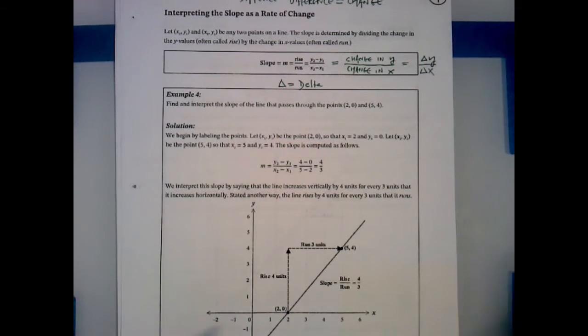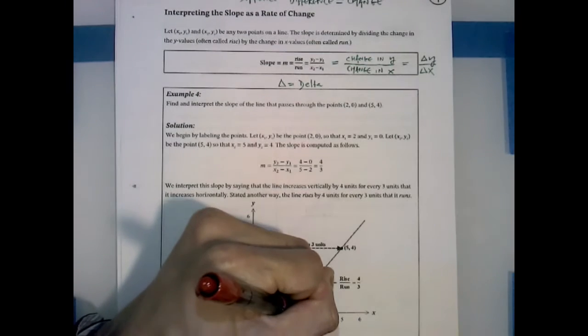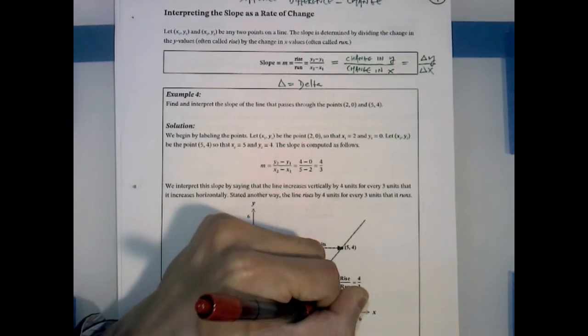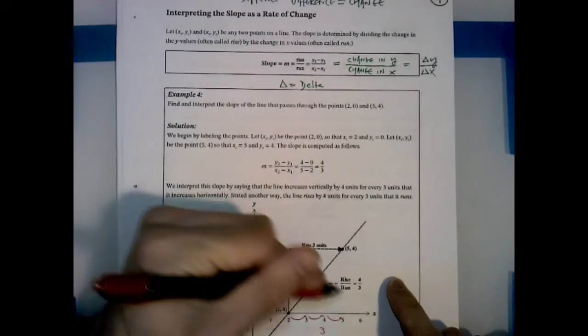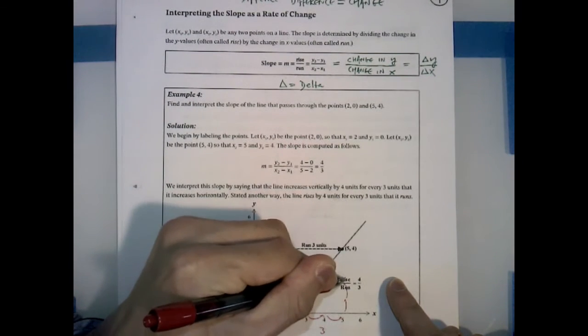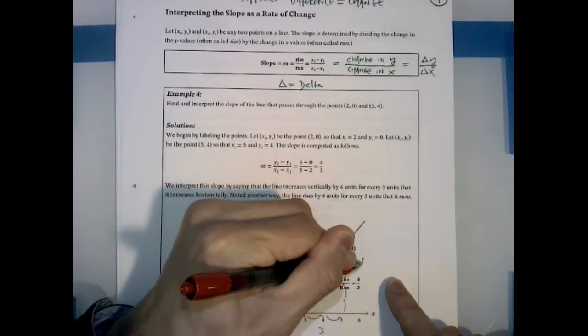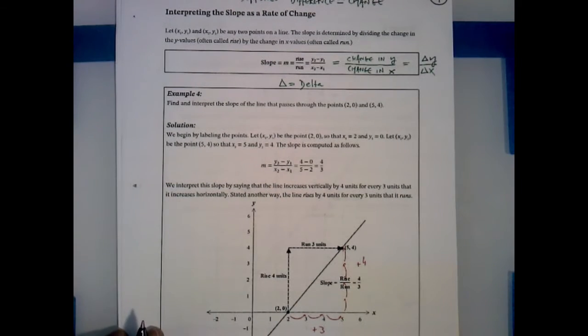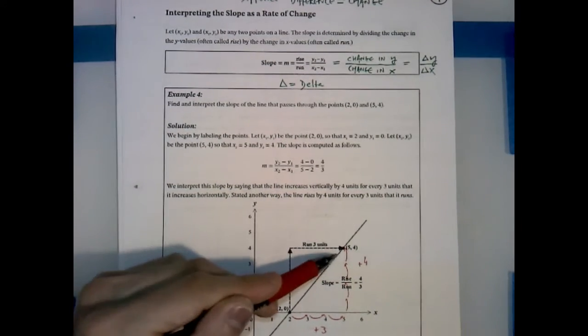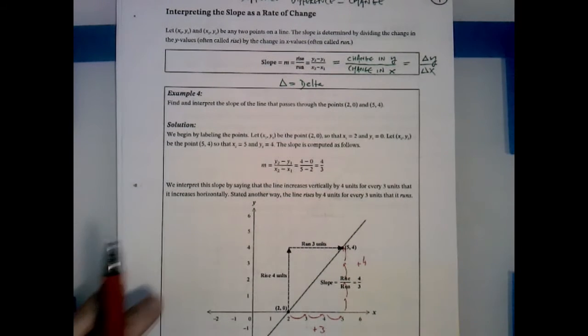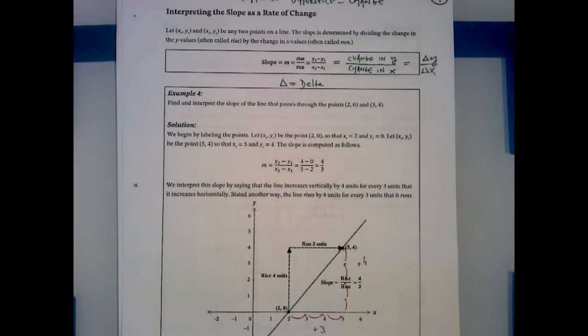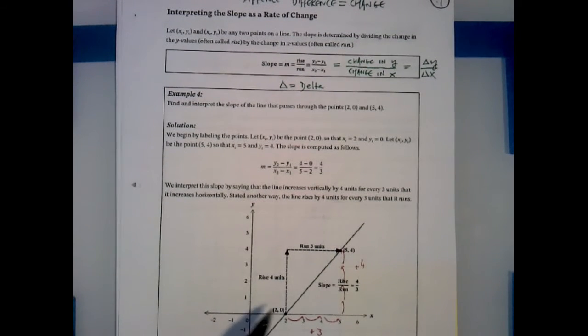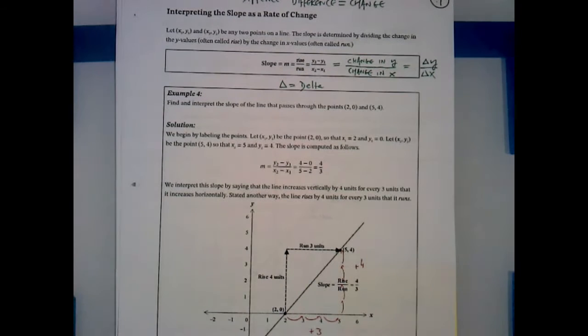I'm reading it a little backwards, but if you run 3 units this way, it's going to go up 4 units. And vice versa, if you go up 4 units, then you run over 3. That's what this rate of change is: to stay on the line, if you go 3 units this way, you have to go 4 units this way. Or vice versa.